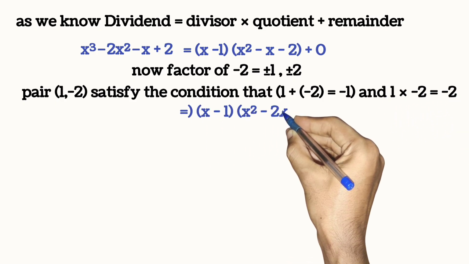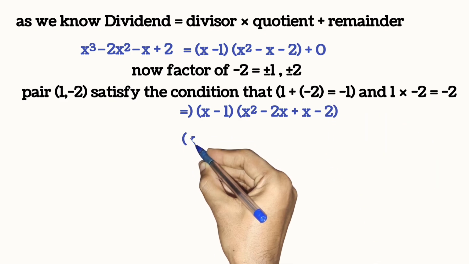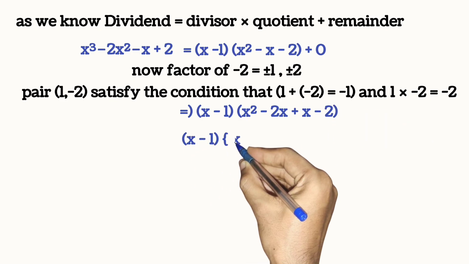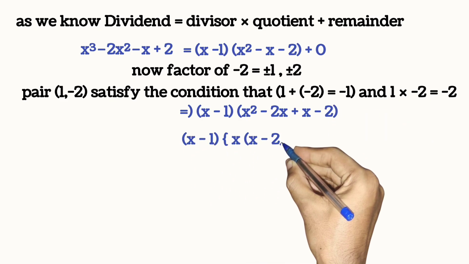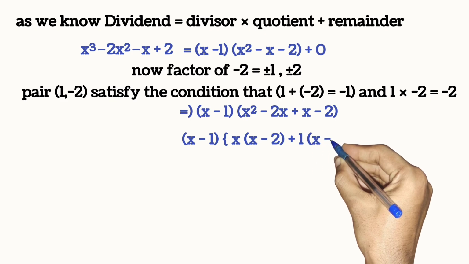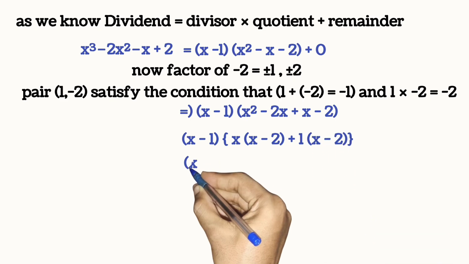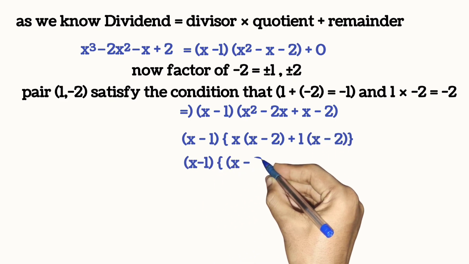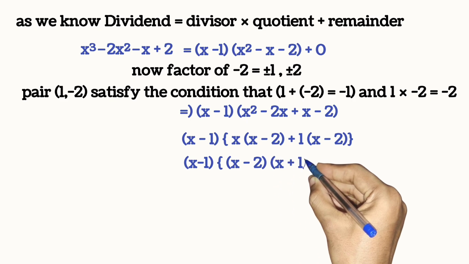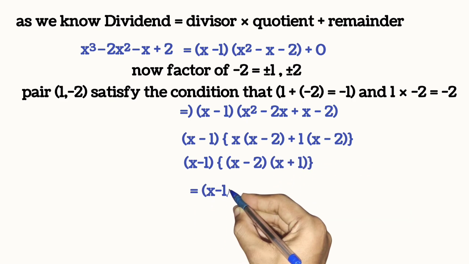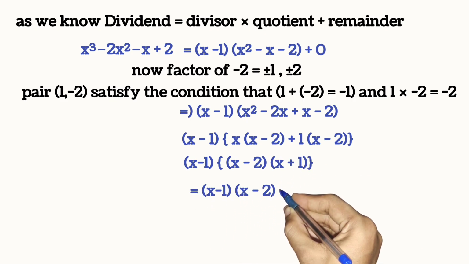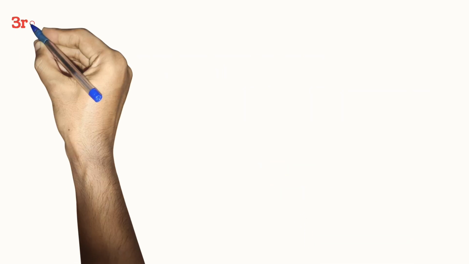So (x - 1)(x^2 - 2x + x - 2), that will be x - 1, taking x as common, then x - 2, and taking +1 as common, we get x - 2. Now x - 1, taking x - 2 as common, we get x + 1. Therefore (x - 1)(x - 2)(x + 1).